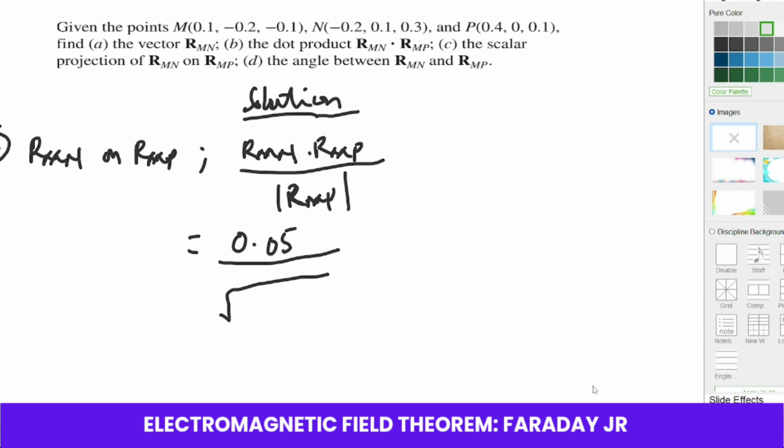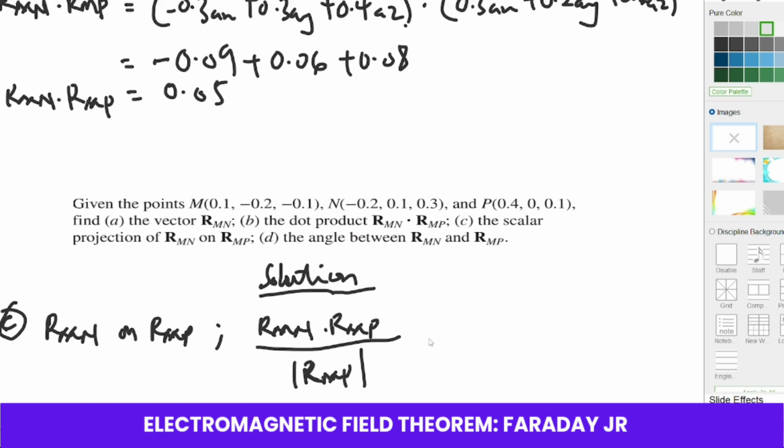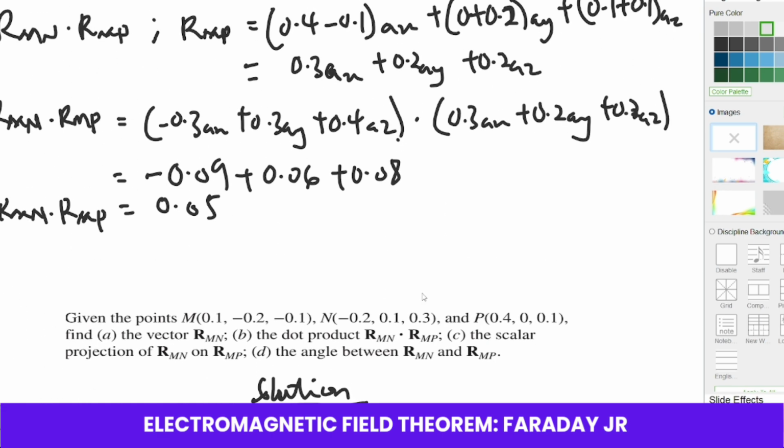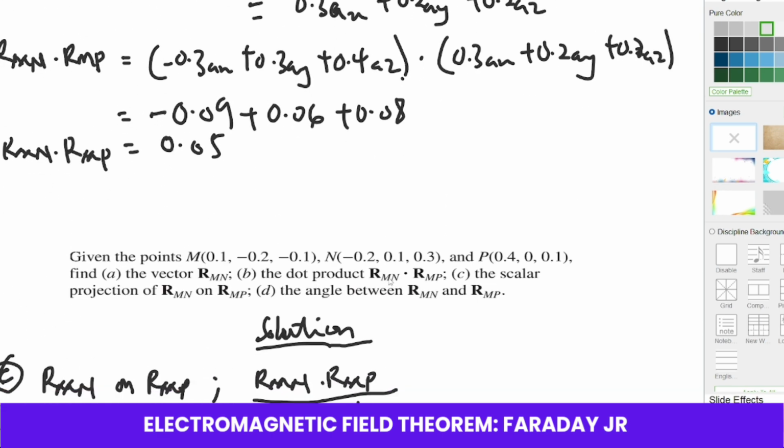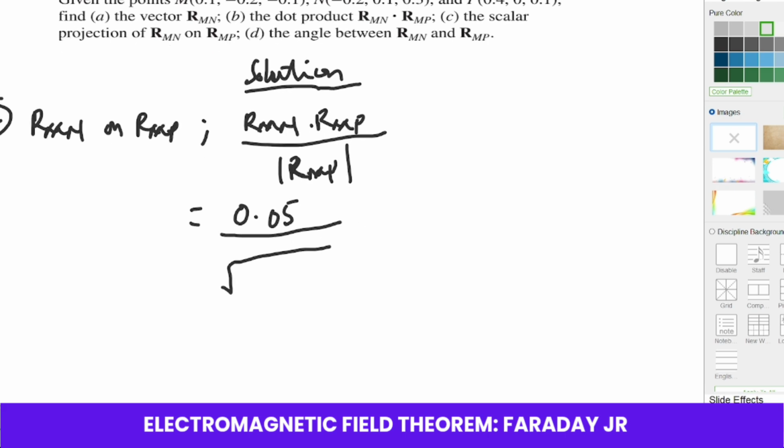Go back to check our RMP. RMP is 0.3, 0.2, 0.2. So 0.3 squared plus 0.2 squared plus 0.2 squared, and we'll get our final answer to be 0.12. And that is our scalar projection.